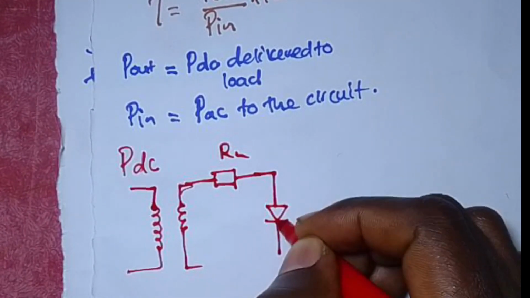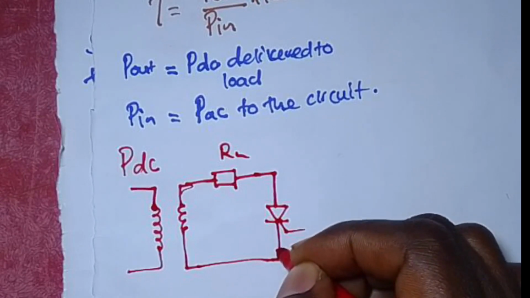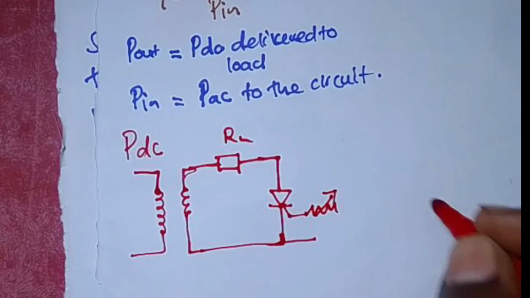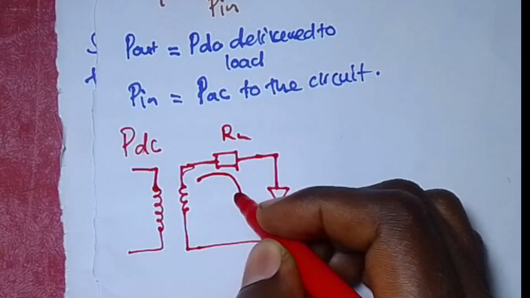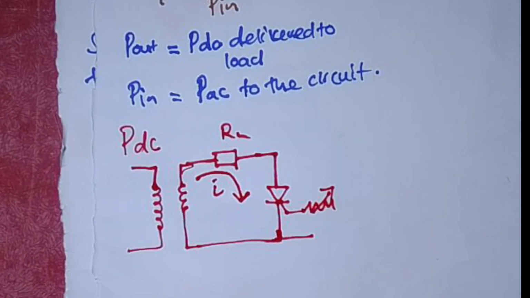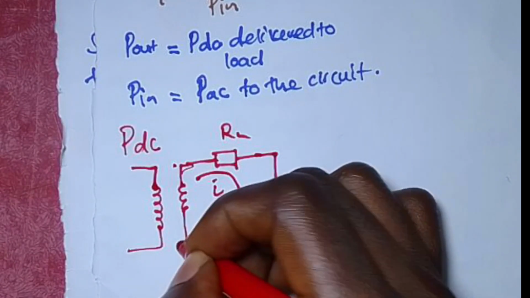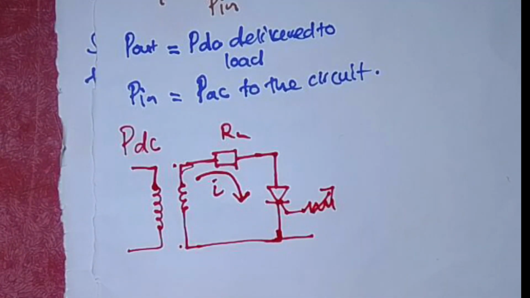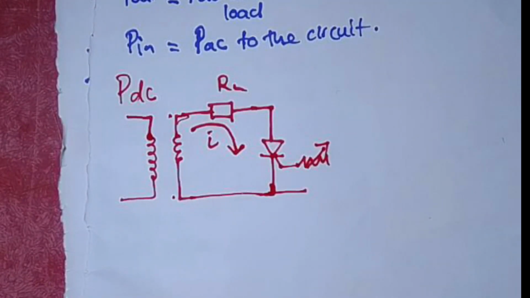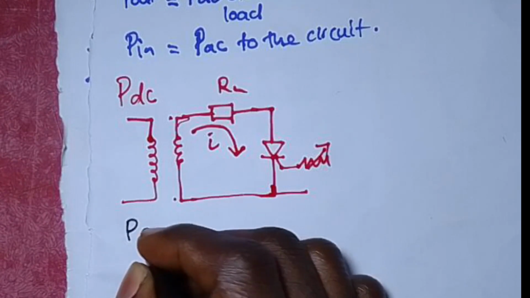I'm not going to redraw the triggering circuit, but you continue and finish with the variable resistor and the other parts of this. So there is a certain current that is going to flow in this circuit, which we call I, because I'm considering AC values. And there is going to appear a certain voltage across here, which is an alternating voltage. For example, we know that the output power is the DC power delivered to the DC resistor. So this DC value is given by... we know that power is equal to what?